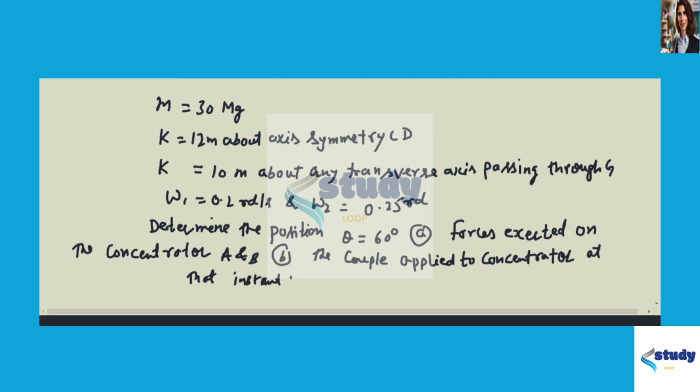The concentrator has a mass of 30 megagrams, a radius of gyration of 12 meters about its axis of symmetry CD (you see the figure CD), and a radius of gyration of 10 meters about any transverse axis passing through G. If angular velocities omega 1 and omega 2 have constant magnitudes of 0.2 radian per second and 0.25 radian per second respectively, we have to determine, at the position theta equal to 60 degrees, Part A: the force exerted on the concentrator at A and B, and the couple applied to the concentrator at that instant.